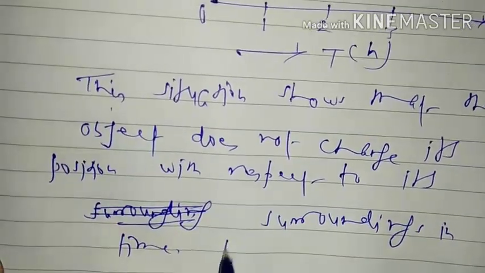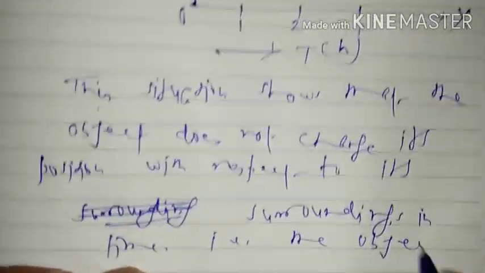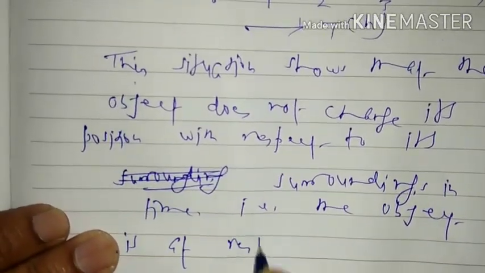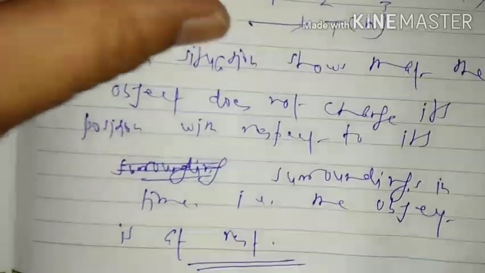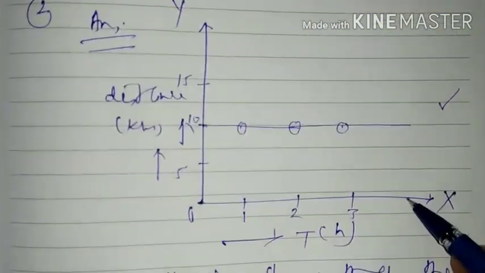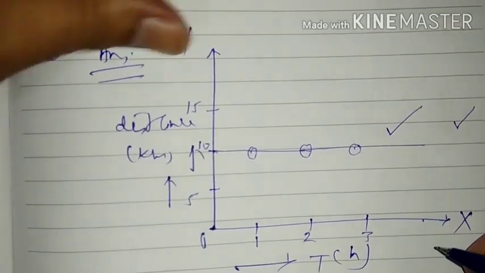That is, the object is at rest. So if the distance-time graph is parallel to the time axis, then it gives us that the object is at rest.